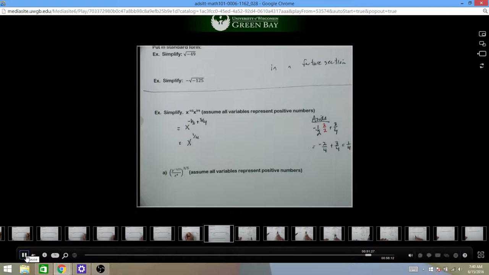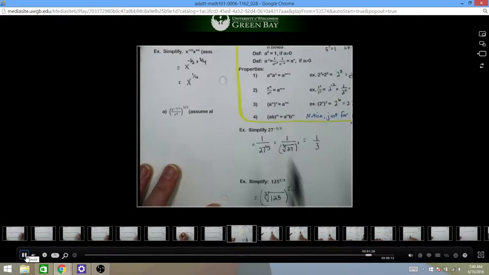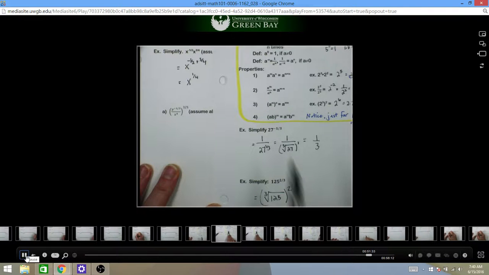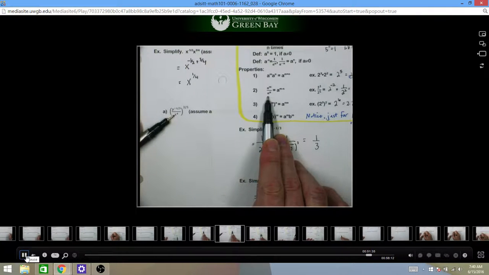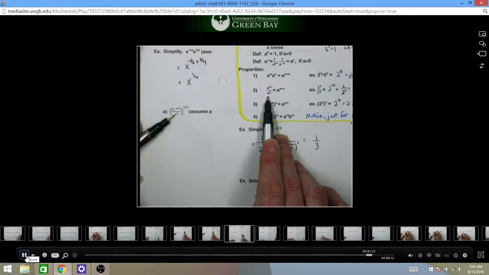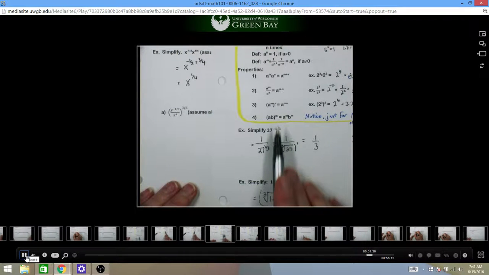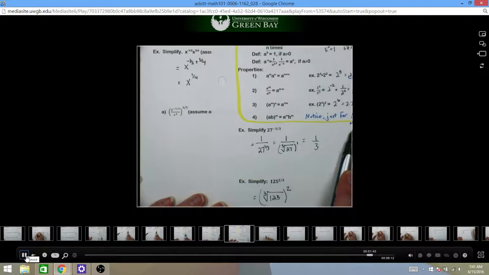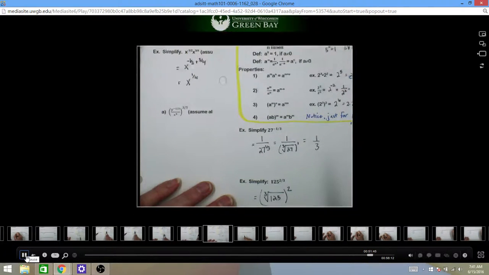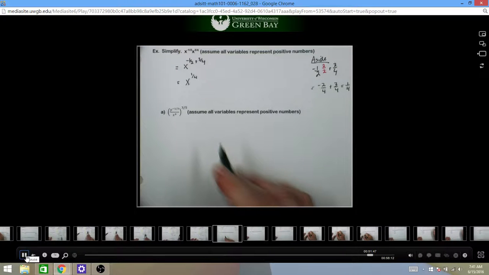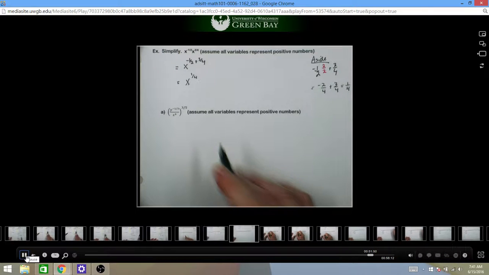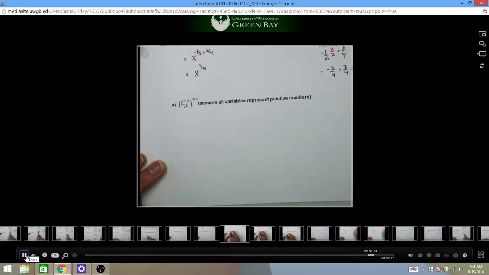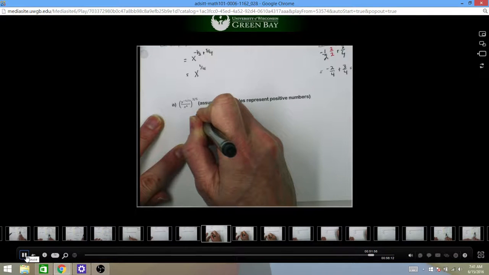How about this one? This one's got division, but the x and the y are not the same. On number 2, a is the same. So what we do is we actually use rule number 4 for division. And what I mean by that is the 3/5 applies to the numerator and the denominator. So you have y to negative 1/3 raised to the 3/5.